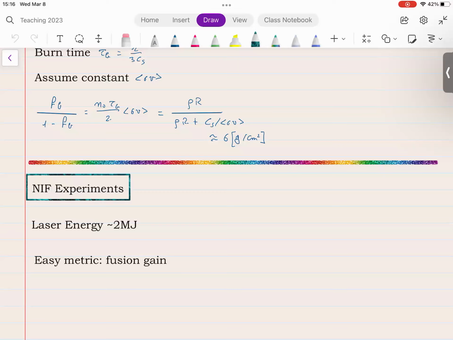So of course, we want this to be bigger than 1. If it's 0.1, we only got 10% out of what we put in. We didn't do that much fusion. If we got 0.1%, that's even worse.